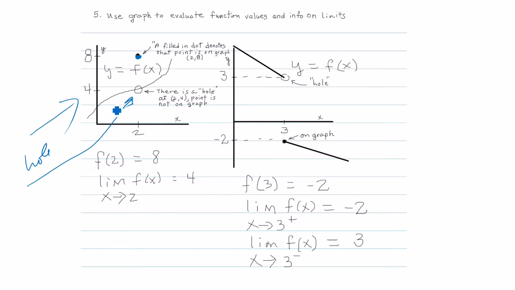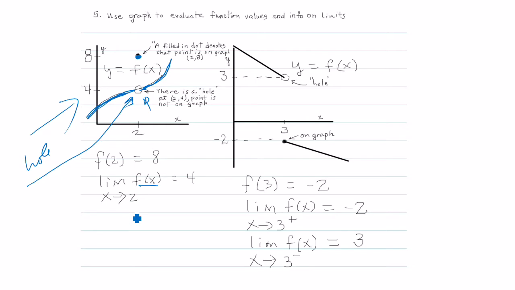However, the rest of the graph is very nice, and there's only one place where there's a hole, and that's just the point 2 and 4 that's not there, and we're asked to find the limit of f of x as x gets closer to 2.